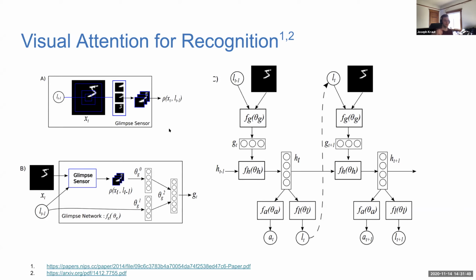So while it does have to go around multiple times and do these forward passes, and then predict the next place to attend and forward pass again, it's operating on much smaller glimpses of the image. So it ends up looking at only a fraction of the actual image.